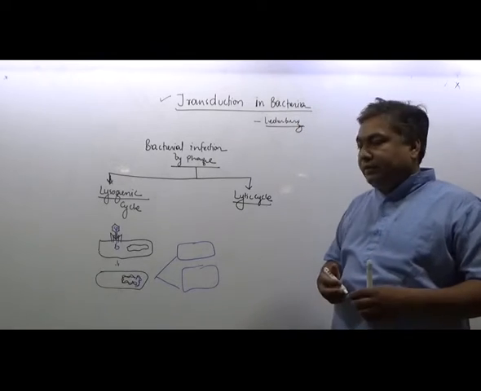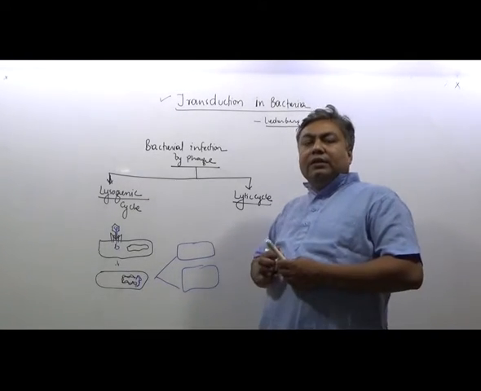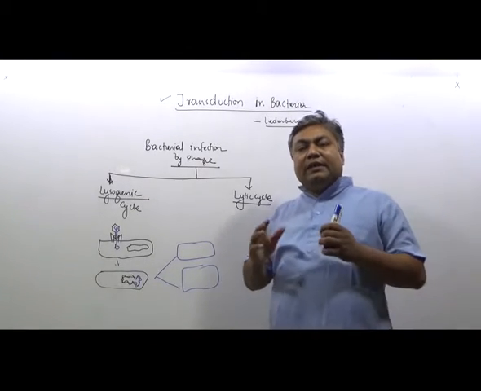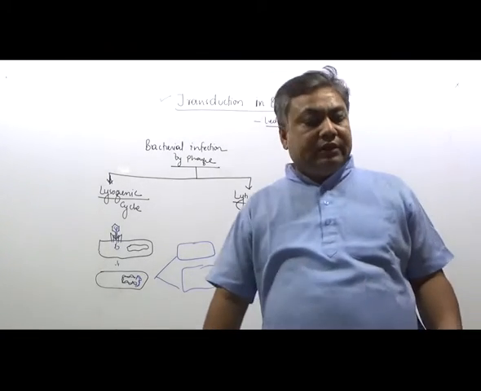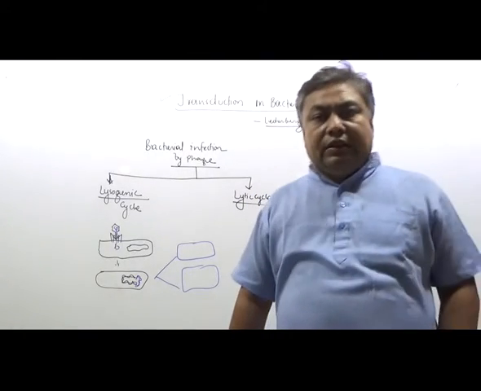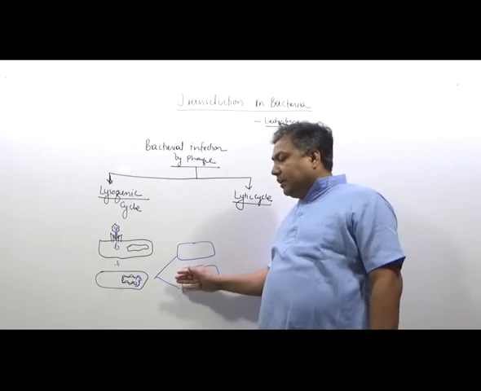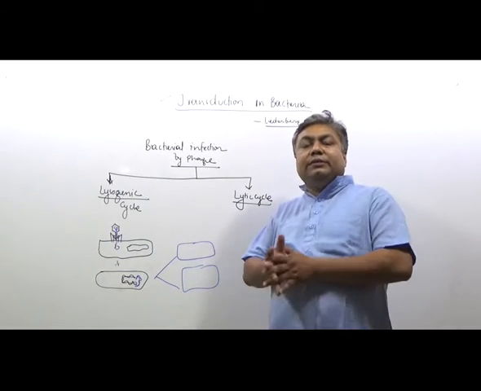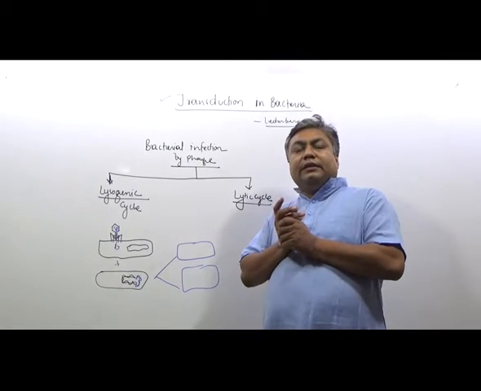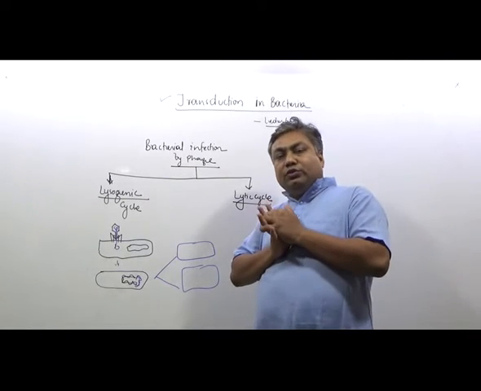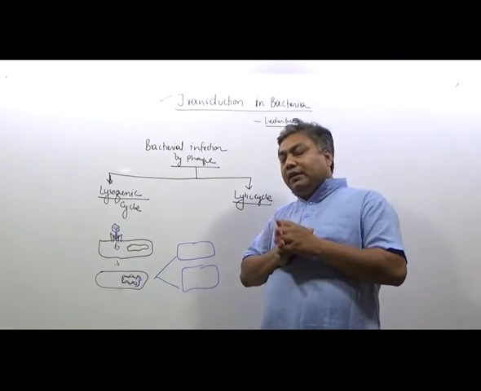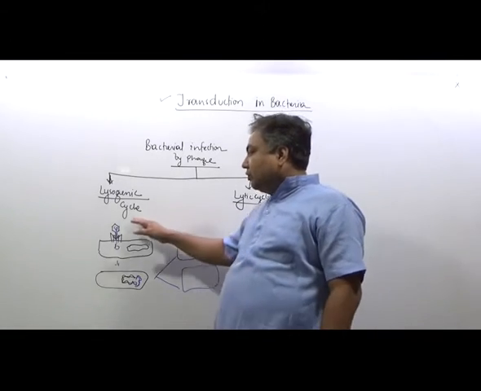Generation after generation, the phage DNA remains attached with the bacterial genome, and they keep on dividing with the phage DNA remaining along with the main genome. Such a cycle is called lysogenic cycle.